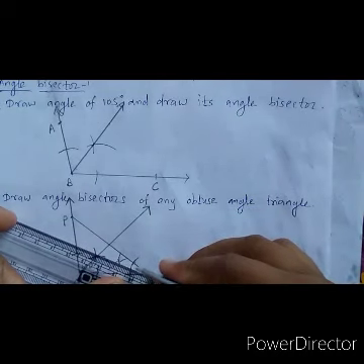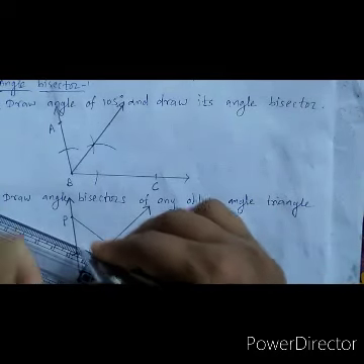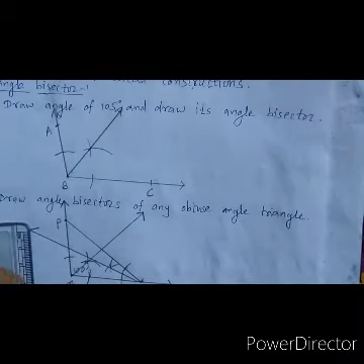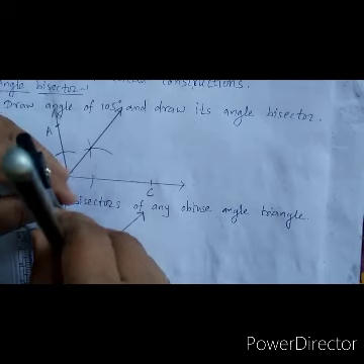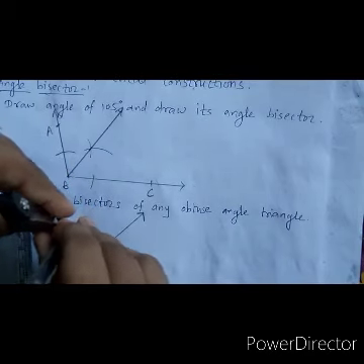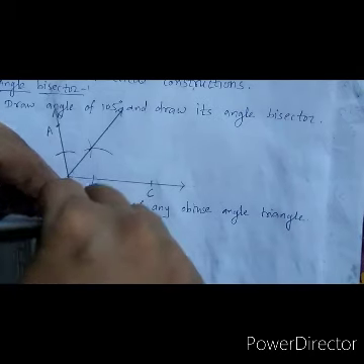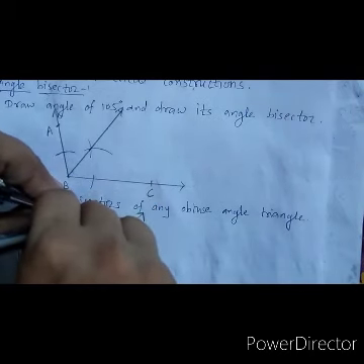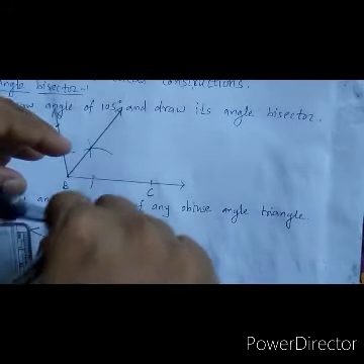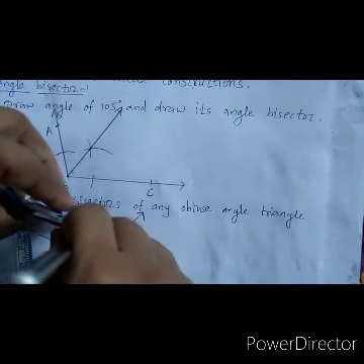Now join this point R and this intersection point of the arc. Similarly, we have to draw an arc from the point P. Don't change this distance.